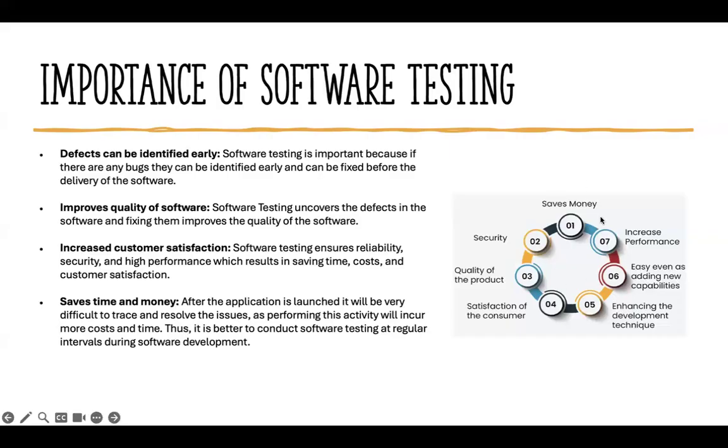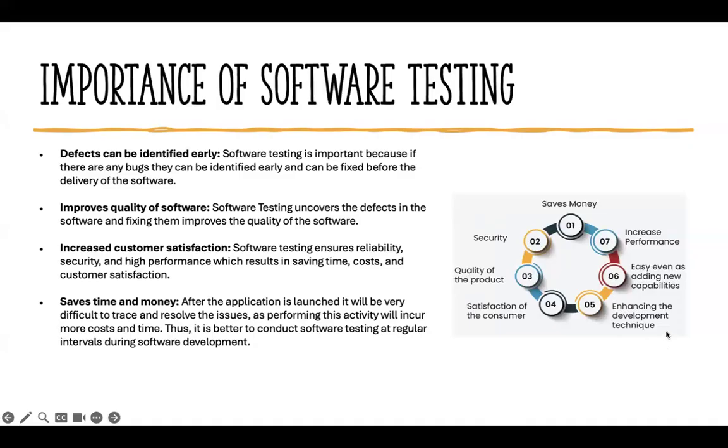So this picture shows some things you can achieve with this software testing. So you can save money on your project. It can lead to higher security for the project. You can deliver a higher quality product using software testing. Ultimately it will lead to a higher satisfaction for the end user, for the consumer of the software.